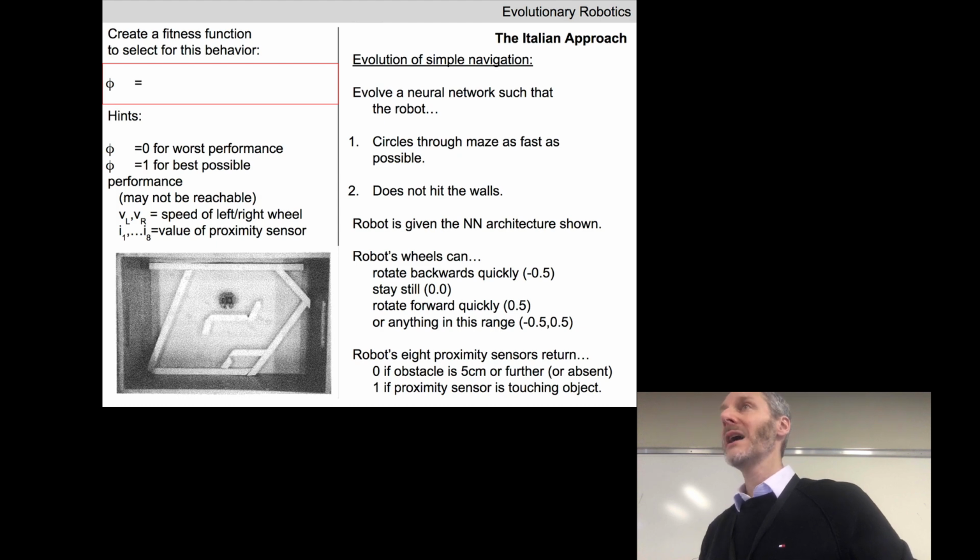So how are we going to combine VL and VR to select for speed? VL plus VR? Divide by 2, we could do that, that's fine.